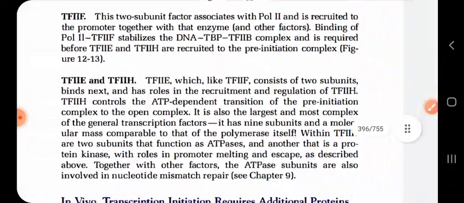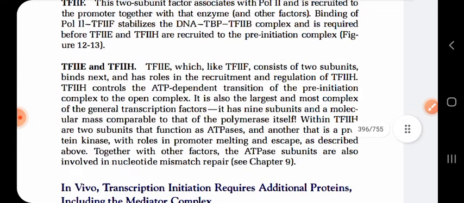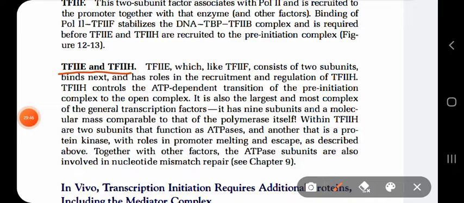Next is the last one, TF2E and TF2H. This is the last one of the transcription factors. TF2E is just like TF2F. It also has two subunits. Well, TF2E looks like TF2F.